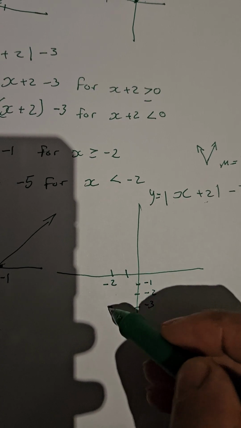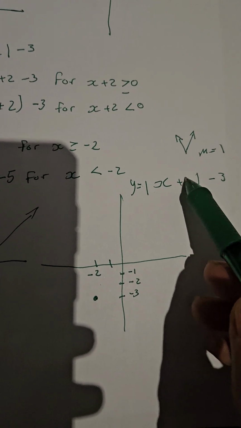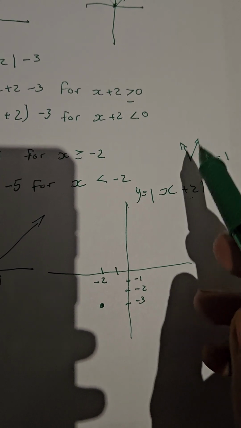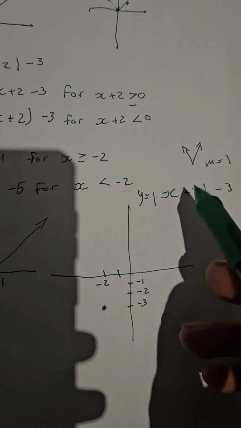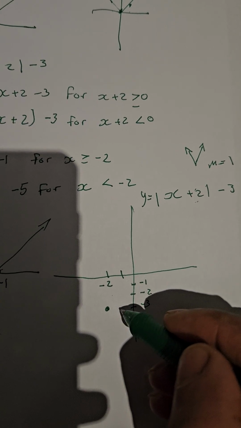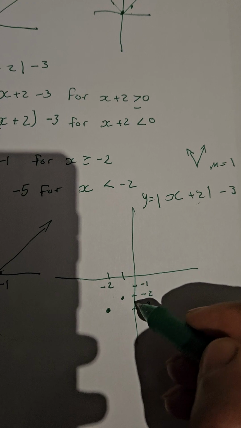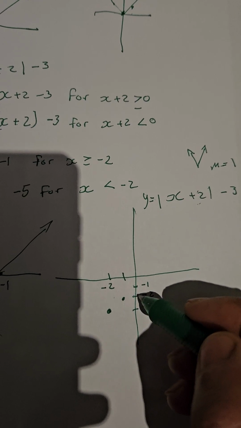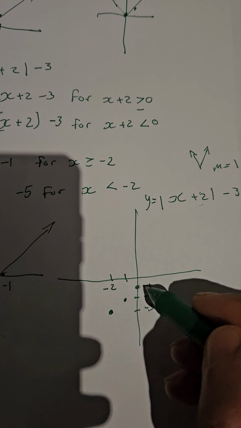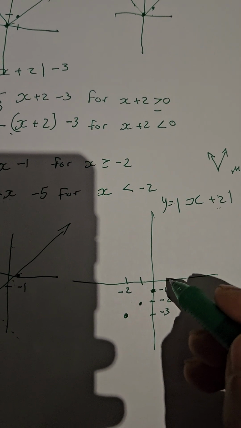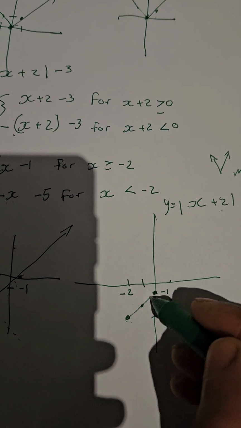So at the point minus 2, minus 3, there it starts. Now it has a positive shape like this. Gradient is 1, so every 1 unit to the right, I go 1 unit up. So it goes through the point negative 1, negative 2, and then it goes through negative 1, which we got as the y-intercept there.